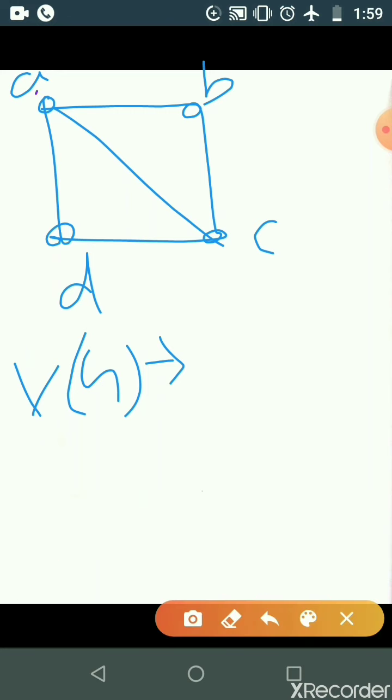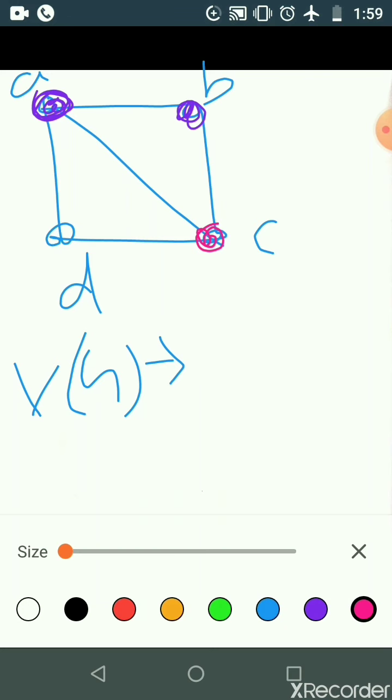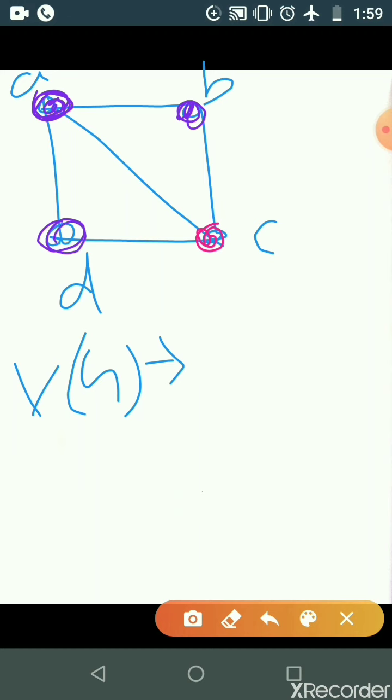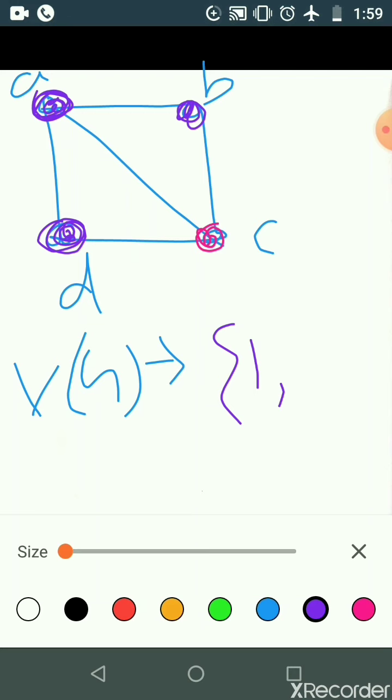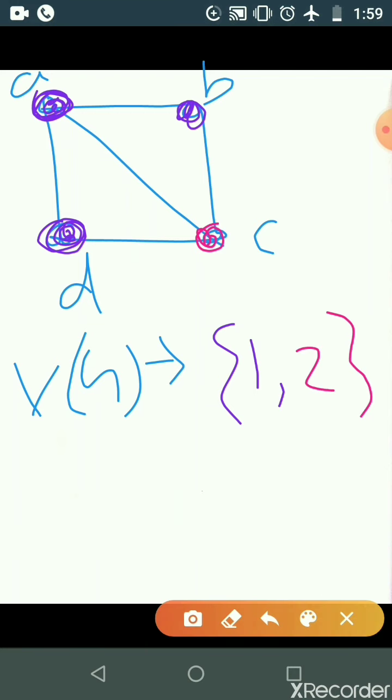One is the same color, color number 1, that is violet, I am using. Here I can use a second color. You can also give the same color to three vertices, and the fourth one is here. So here color number 1 and color number 2.